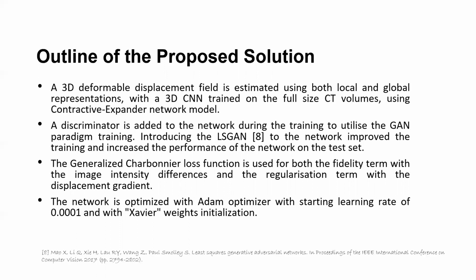Introducing the LSGAN to the network improved the training and increased the performance of the network on the test sets. The generalized Charbonnier loss function is used for both the fidelity term with the image intensity differences and the regularization term with the displacement gradient. The network is optimized with the Adam optimizer with a starting learning rate of 10 to the power minus 4 and with Xavier weights initialization.